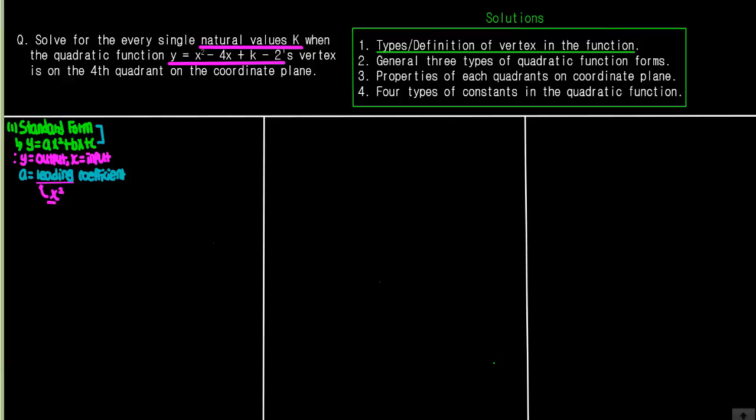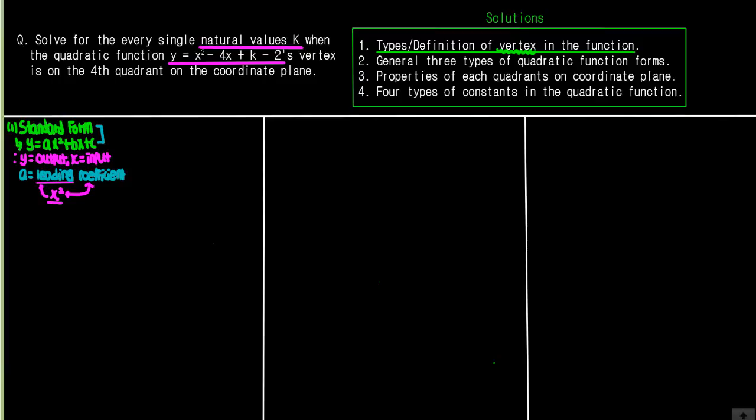X squared is the leading, highest power term, and the coefficient of the leading term is a. The reason a is important is that it defines the types, as well as the definition of our vertex in the quadratic function. This is what a means, and we can talk about it more specifically later.